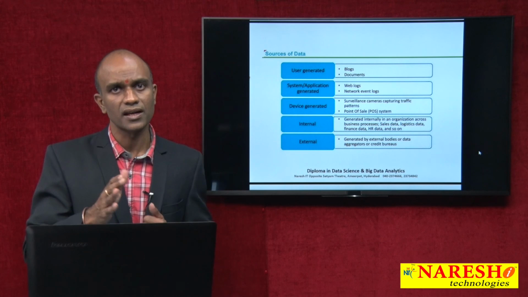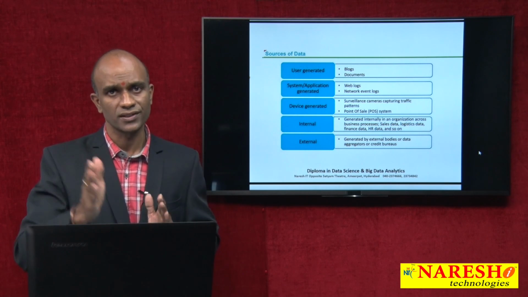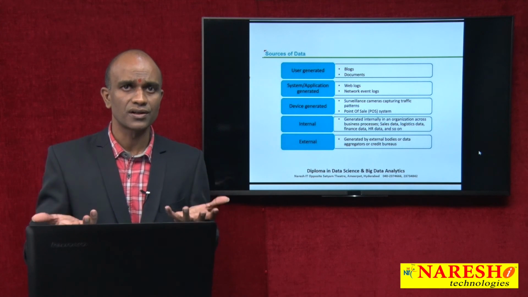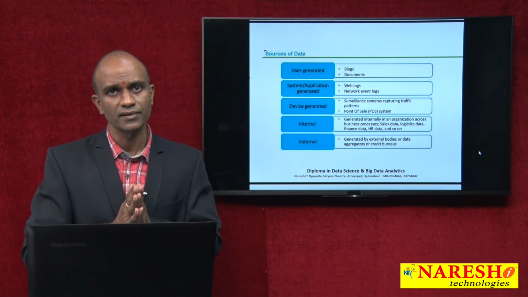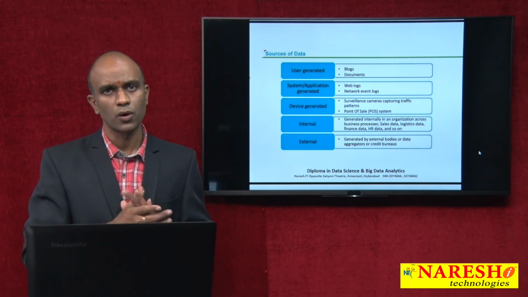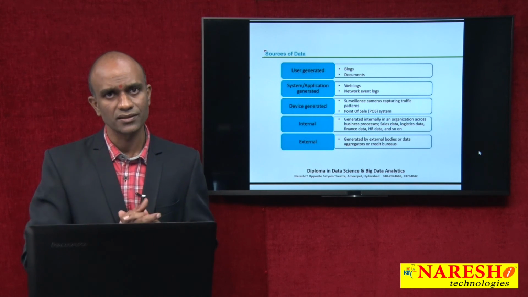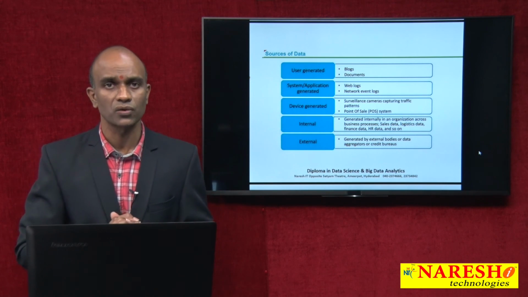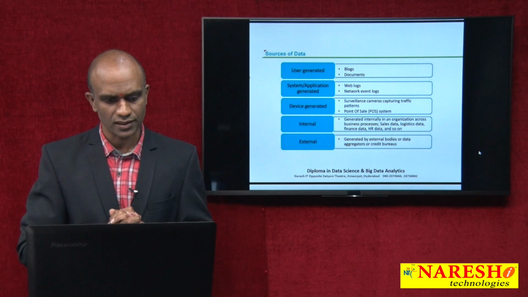So that is a scenario of big data where tools such as Hadoop come in, guys. Okay, so these sensors generate a lot of data. That data needs to be saved, and that is the device generated data. Surveillance cameras are one example. Point of sale, POS systems generating a lot of data is another example.